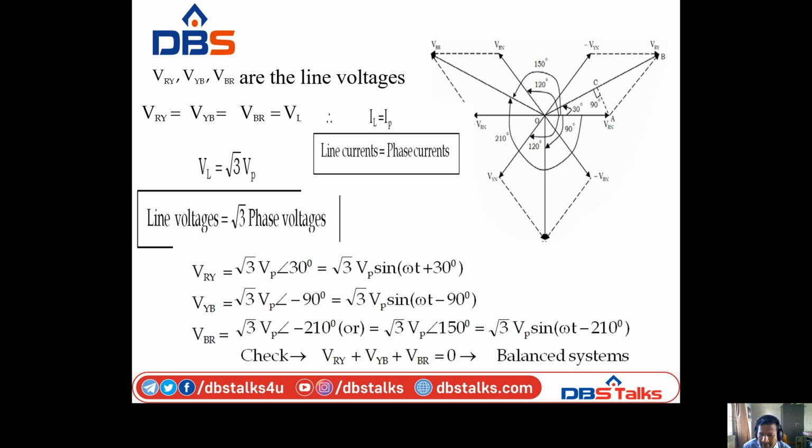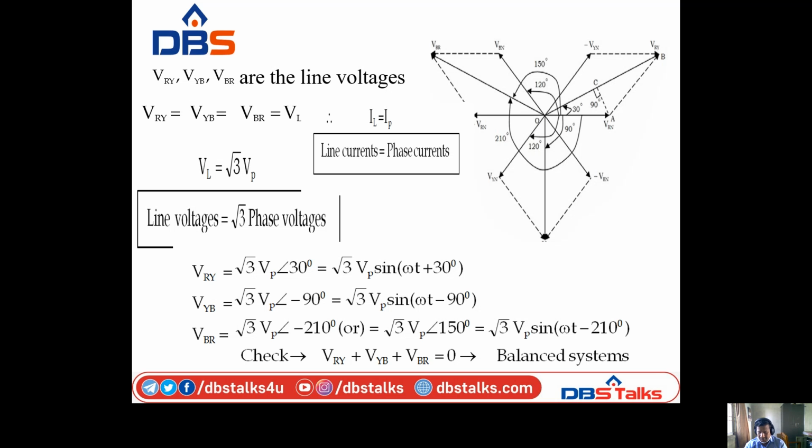Now the vector sum of VRN and minus VYN is nothing but VRY. Similarly, VYN is there, and I have taken the opposite vector of VBN, that is minus VBN. The vector sum of VYN and minus VBN is VYB. Like that you have to determine all the line voltages.